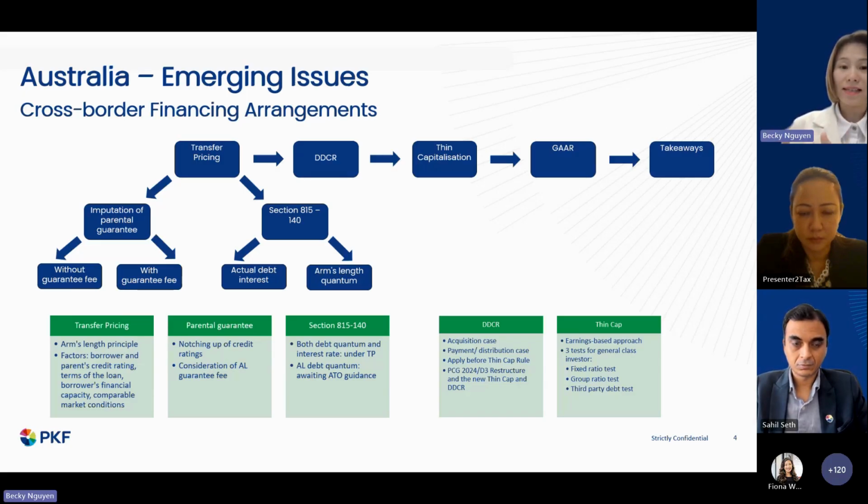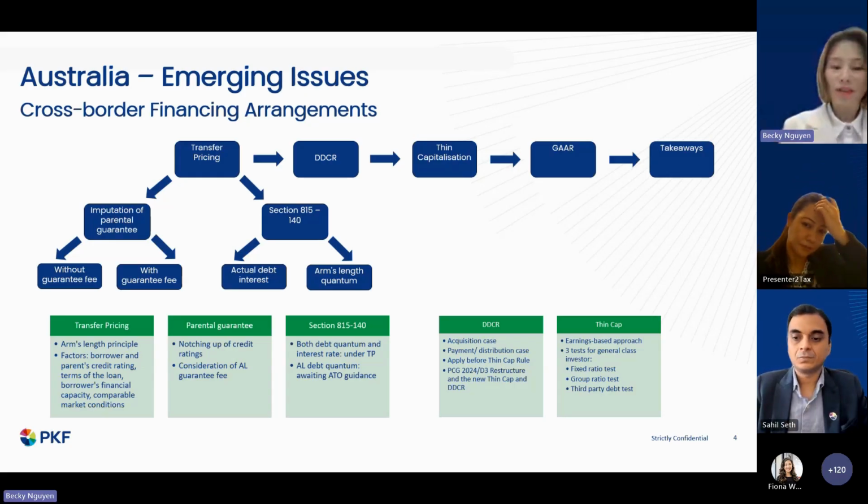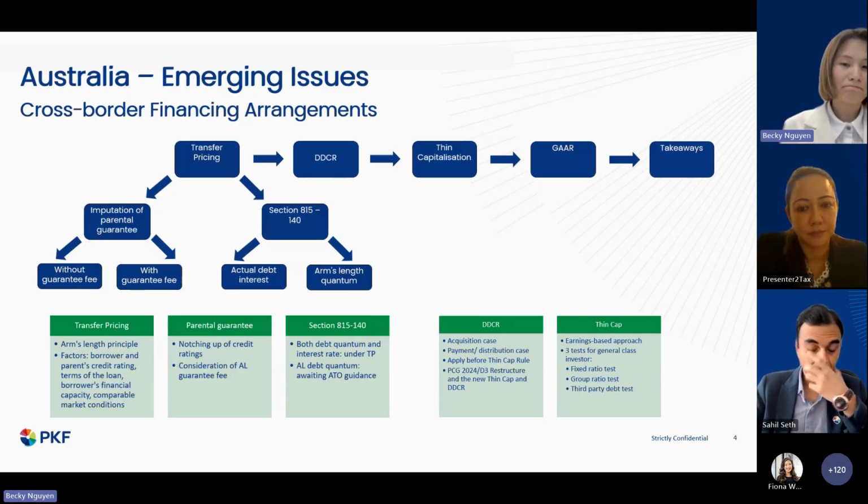The second test that taxpayers can choose is a group ratio test. It is an elective test. This allows entities to claim net deductions up to the ratio of the group's net interest expense to EBITDA. And this test will be relevant for highly leveraged groups.